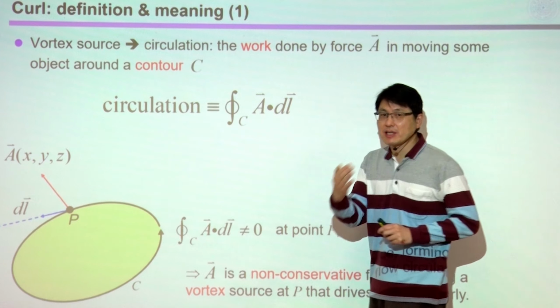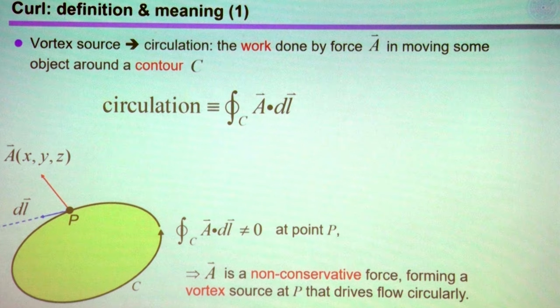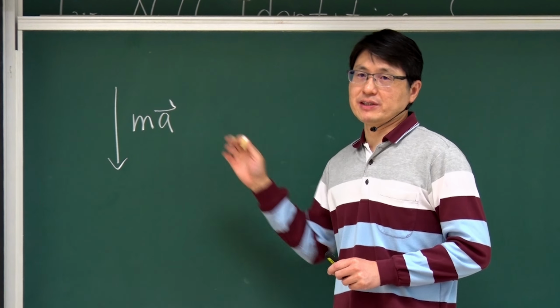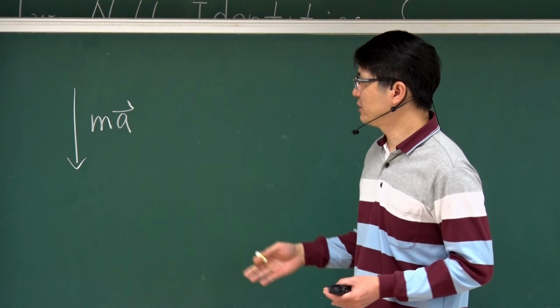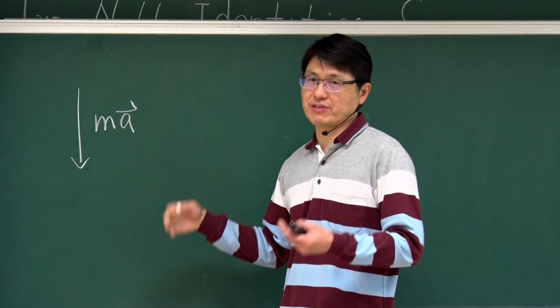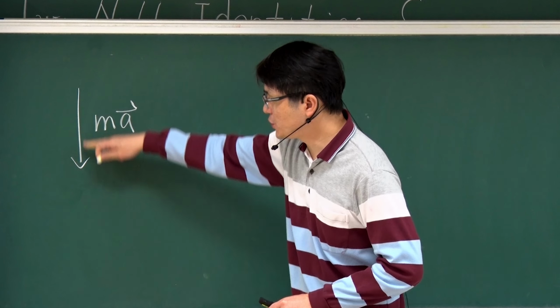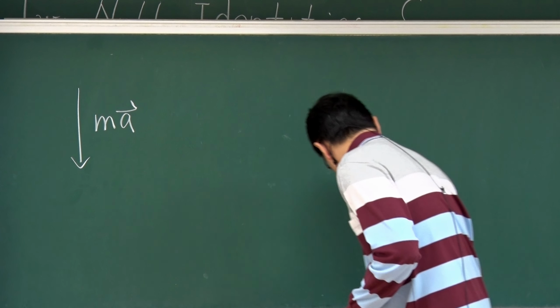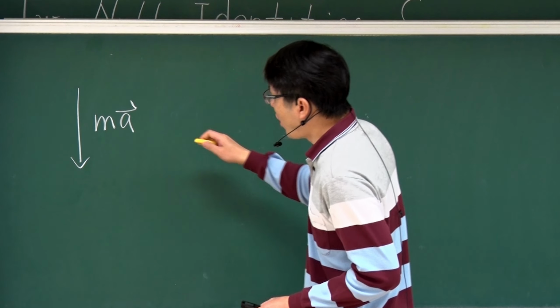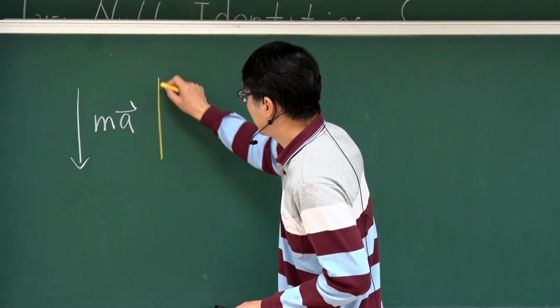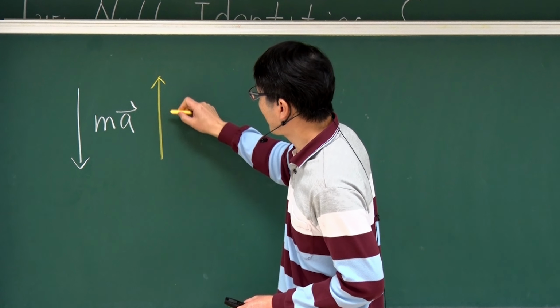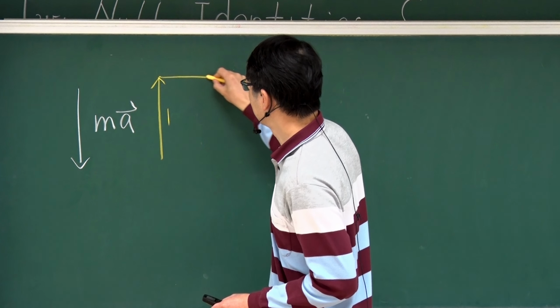Okay? So let's come back to the blackboard. Let me just draw you. Gravity, right? Gravity points towards the center of Earth. So it's unidirectional. If you walk in this path, a closed loop, you have segment 1, segment 2.